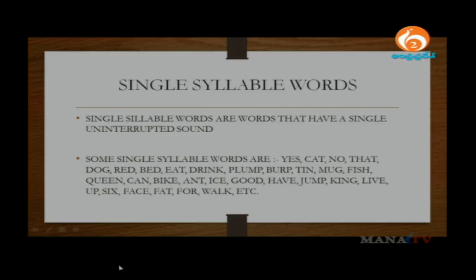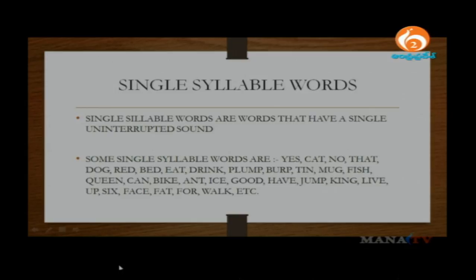Here we have double E, that again means only a single sound, that is uninterrupted sound. And again, can, bike, ant, ice, good, have, jump, king, life, up, six, face, fat, four, walk, and many more.